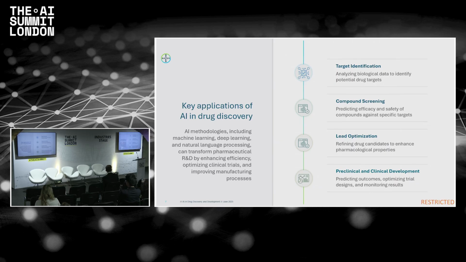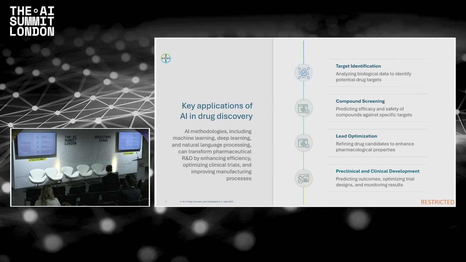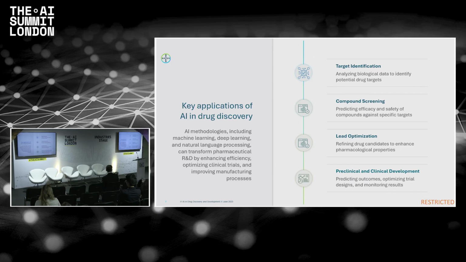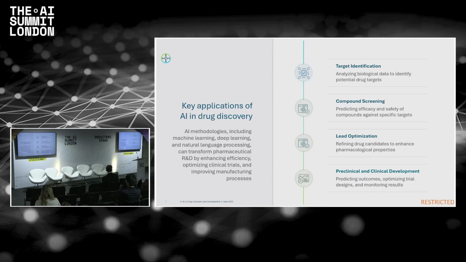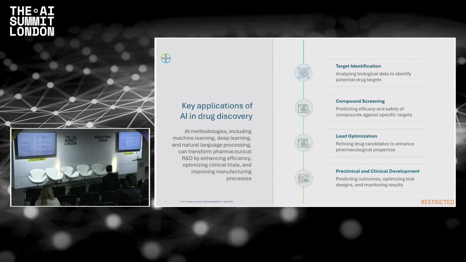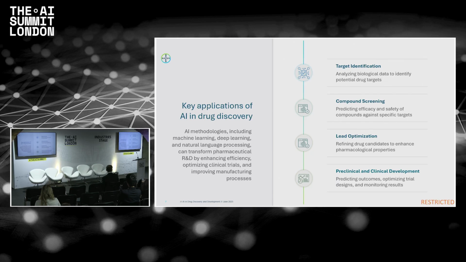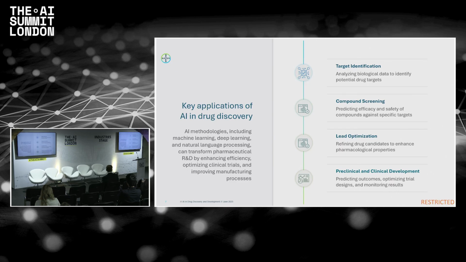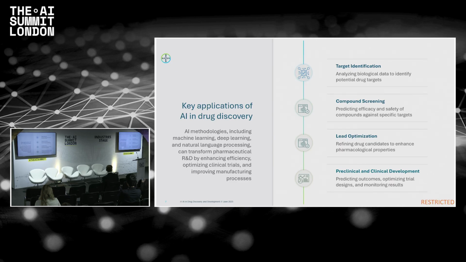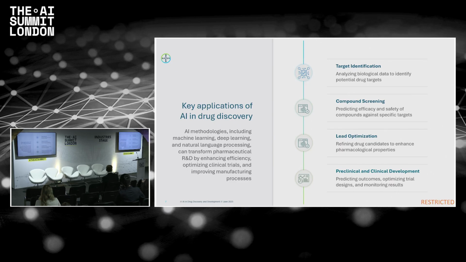And then you go into preclinical. So preclinical tests involve predicting some of the outcomes, testing in silico or in vivo on animals, and then moving to the development, which is running clinical trials on humans. So these are the core components.